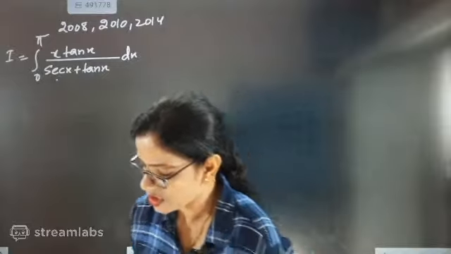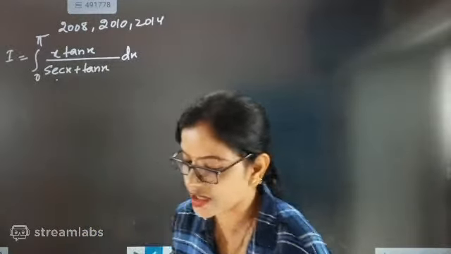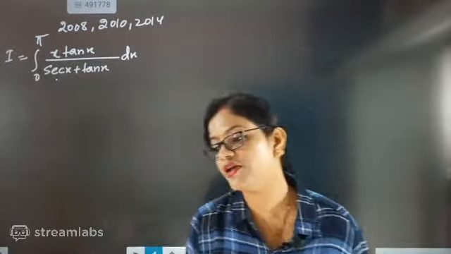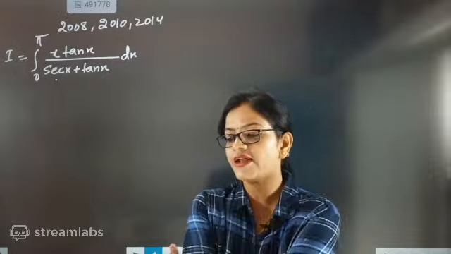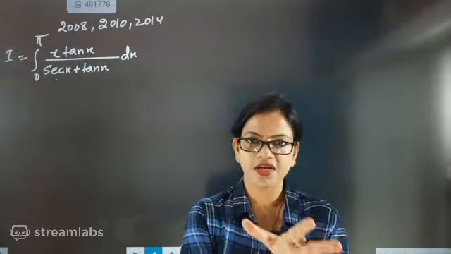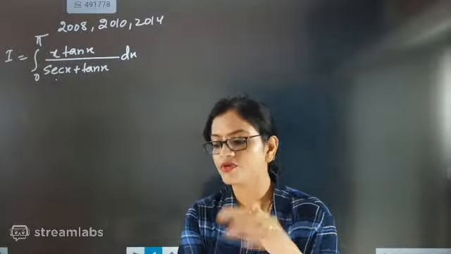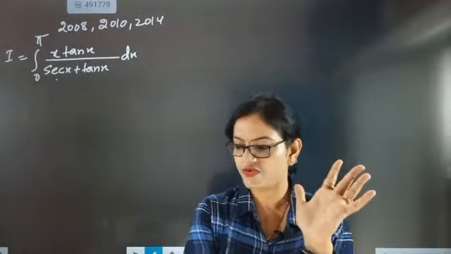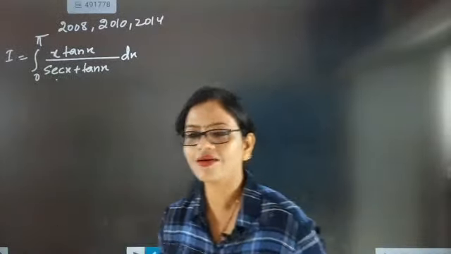The first important thing is, when secant x and tan x are there, remove that tan and secant. It is really problematic. Convert it into sine and cos; that will be the safest way, and it will not take much time.